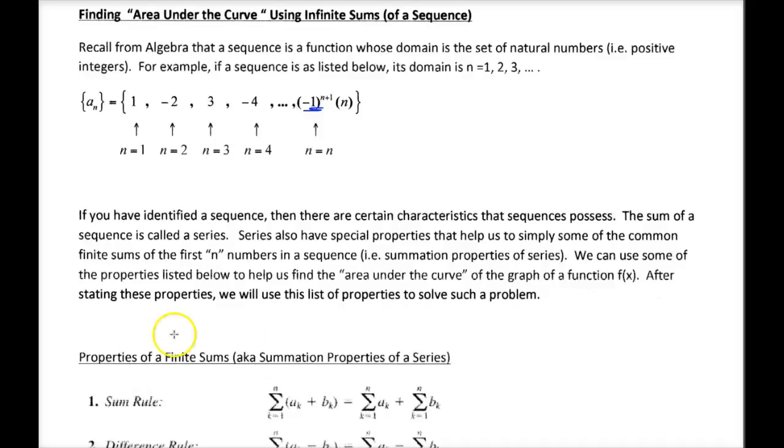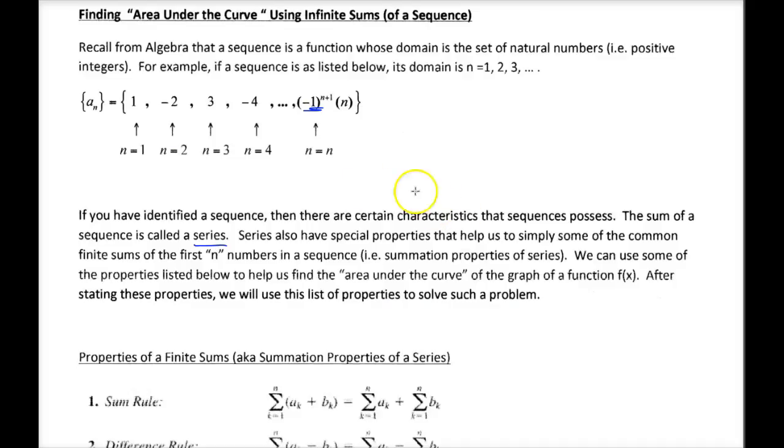It's the series part that we're concerned with, because we're trying to take a summation of areas of rectangles by assuming that we can stuff an infinite amount of those rectangles in between two x values to estimate the area under the curve of a function. That's why the series part is important.